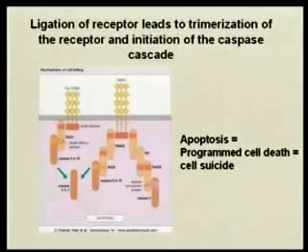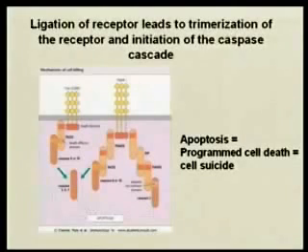The importance is shown here. So again, this is FAS. On ligation with FAS ligand, it activates a number of different processes, a number of different domains. Shown here, you have FADD, which is FAS-associated death domain. So that's the death domain here. This activates caspase 8, which leads to activation of caspase 3, 6, or 7, and induction of apoptosis.